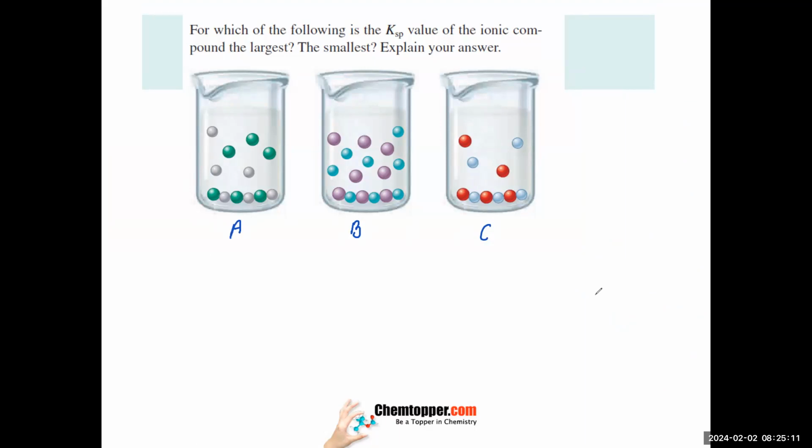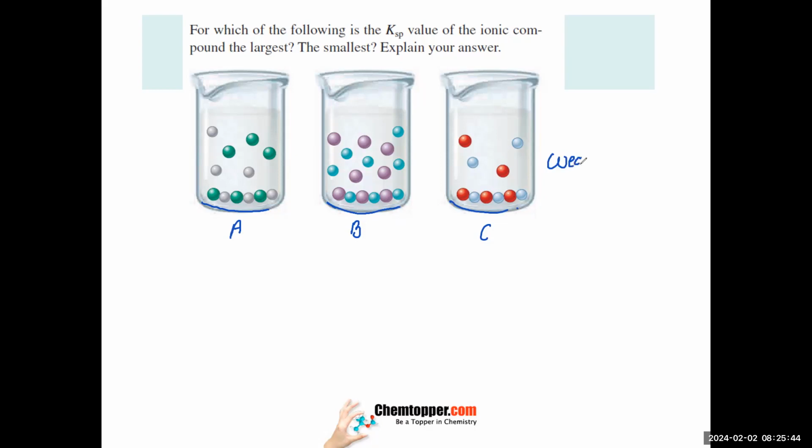For the salt which you have added, is it completely soluble or not completely soluble? Do you have any solid at the bottom? Yes, this is solid, tightly packed at the bottom. So it's a weak electrolyte.